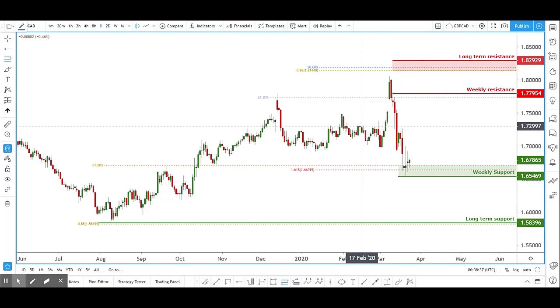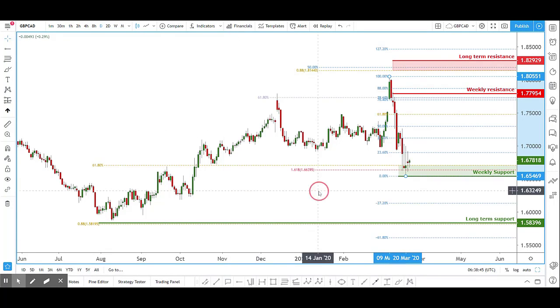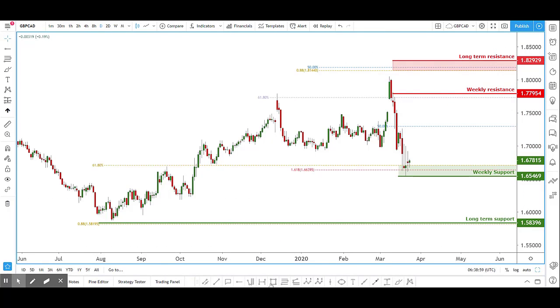So I'll do a retracement from this swing high all the way to the low, and I'll pull all the ratios. I quite like this 50% level, or even the 61.8% level, but the 50% level seems to fall in line with this graphical spike over here. So I'll leave the 50% level, and I'll add in a daily resistance.